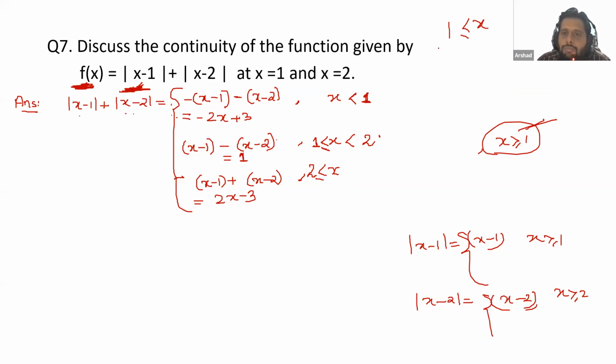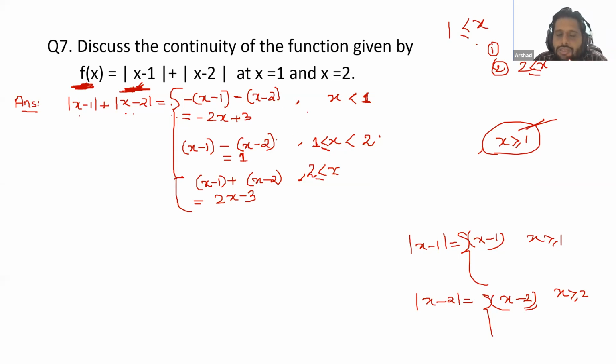Because the number is greater than 1, there are two chances: that the number is less than 2, and the second chance is that the number is greater than or equal to 2. That's why we have taken two parts here: the number is less than 2, and the third part, the number is greater than or equal to 2.